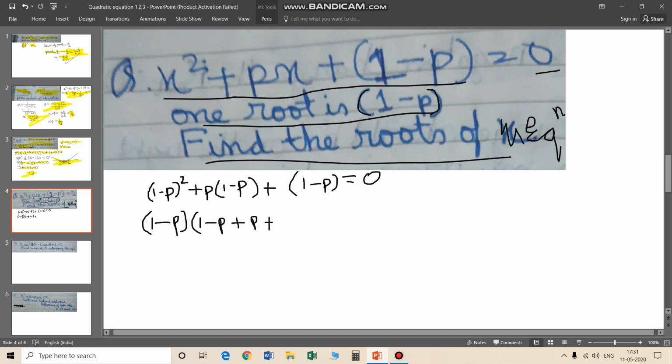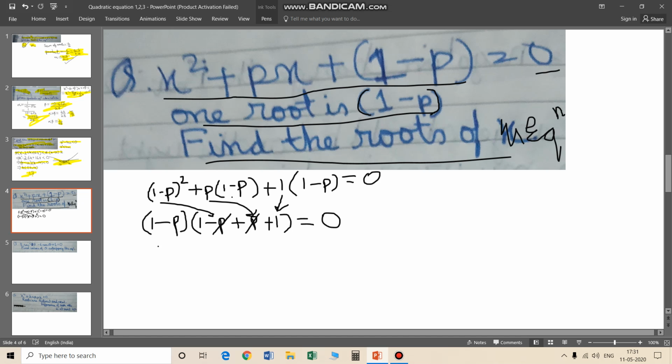Right? Nice. This is 1 minus p, and I have taken 1 minus p common from this term. Here I have taken this p, and from this 1, I have taken 1 here, right? This is equal to 0. What is this term? Here, p and p cancel.